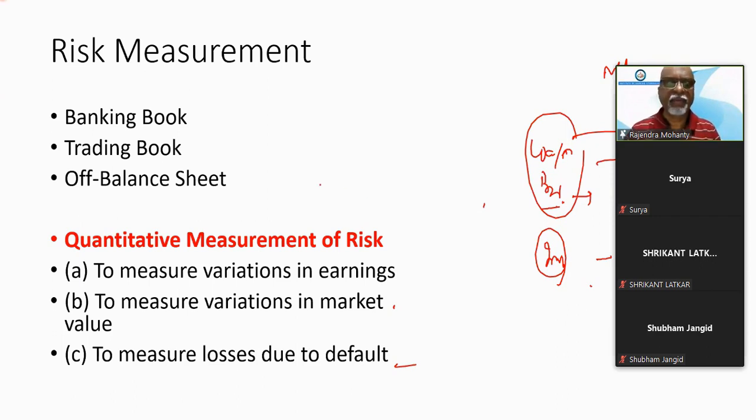So there is no problem in A and C. Measurement of the variation in earning can be measured through the interest gap, and when a loan turns NPA, that can be measured. But the measurement of the variation in the market value is totally complicated, and for that, different methods or tools are used, which we are going to discuss next.